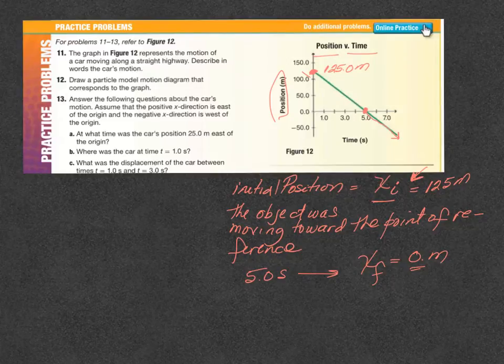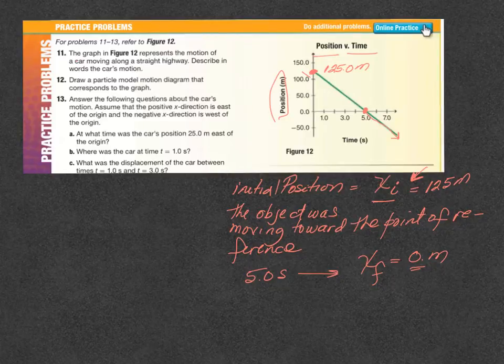It says over here that the graph in figure 12 represents the motion of a car moving along a straight highway. Describe in words the car's motion. I already did. So a car that started at an initial position of 125 meters away from the point of reference is moving toward the point of reference. See, that's how you're describing that, because we're not talking about speed.